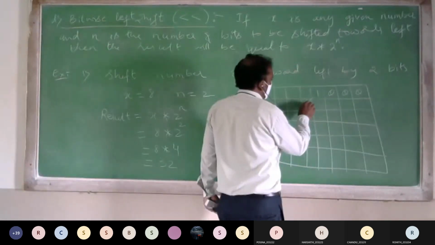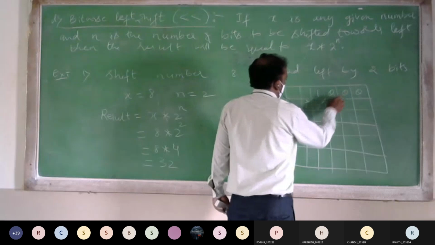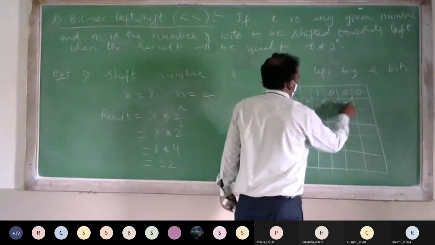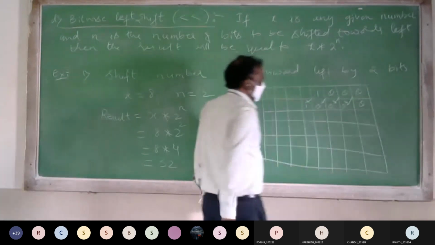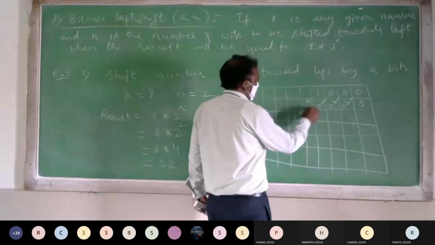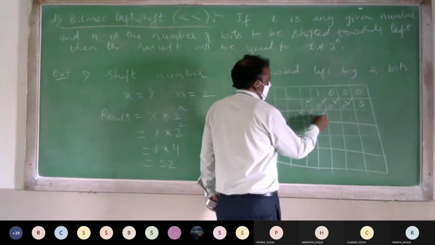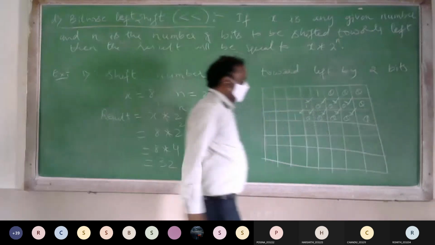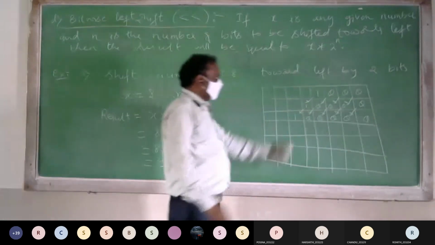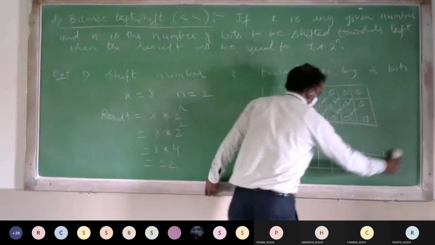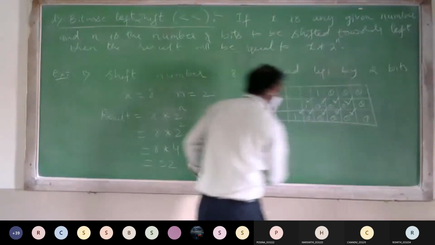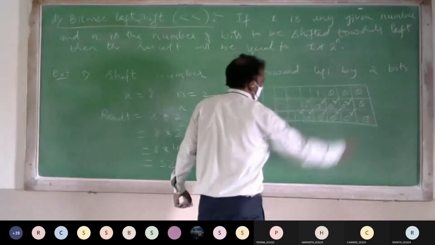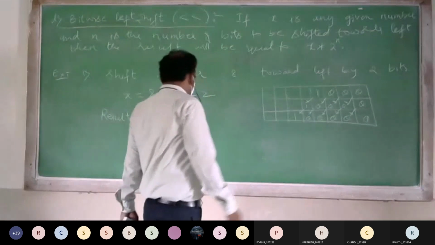So one time left shift, here nothing is there, so add 0. 2 times, here nothing is there, so add 0. So 0 0 we have got. We have got 1 0 0 0 0 0.